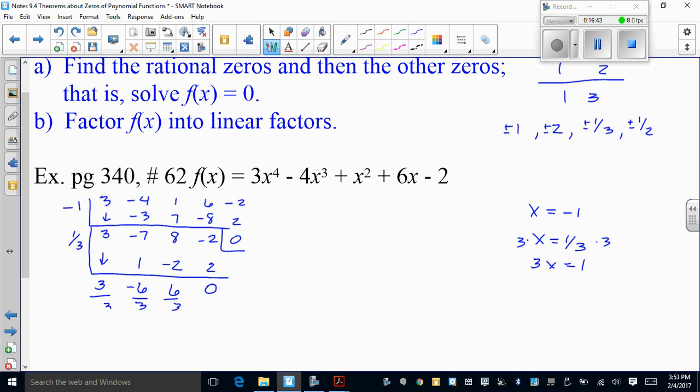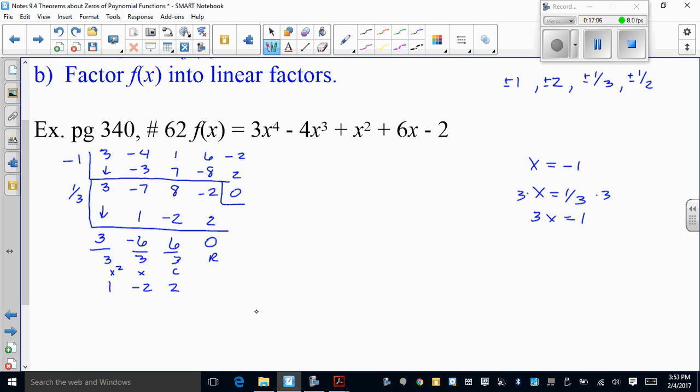So I've got 1, -2, and 2. And I got to remind you, this is the remainder constant, x squared. So after all of that, I found 2 of my 4 zeros.